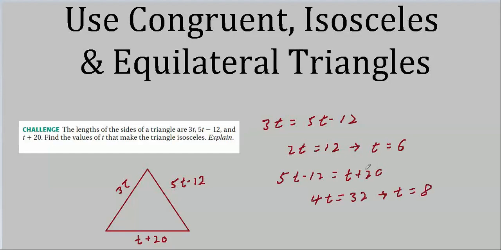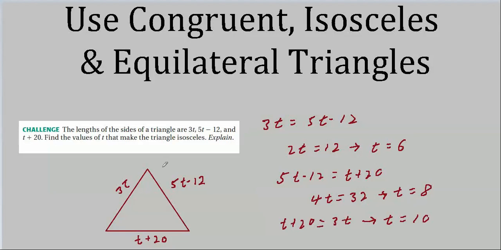What about this? We'll set t plus 20 equal to 3t. Subtract, and we get 2t equals 20, or t equals 10. So 6, 8, and 10 were your possibilities here.